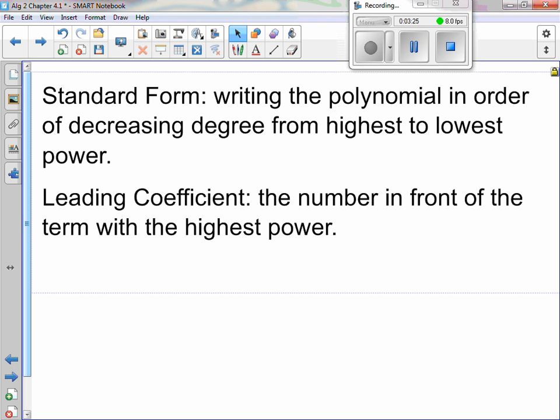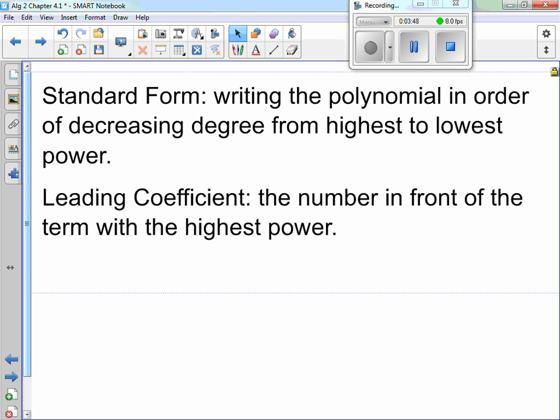Leading coefficient, this is something that's going to come up from here on out, especially in pre-calculus and other classes. The leading coefficient is the number in front of the term with the highest power. So whatever number's in front of it is the leading coefficient. The leading coefficient can be 1 or -1. Those work.